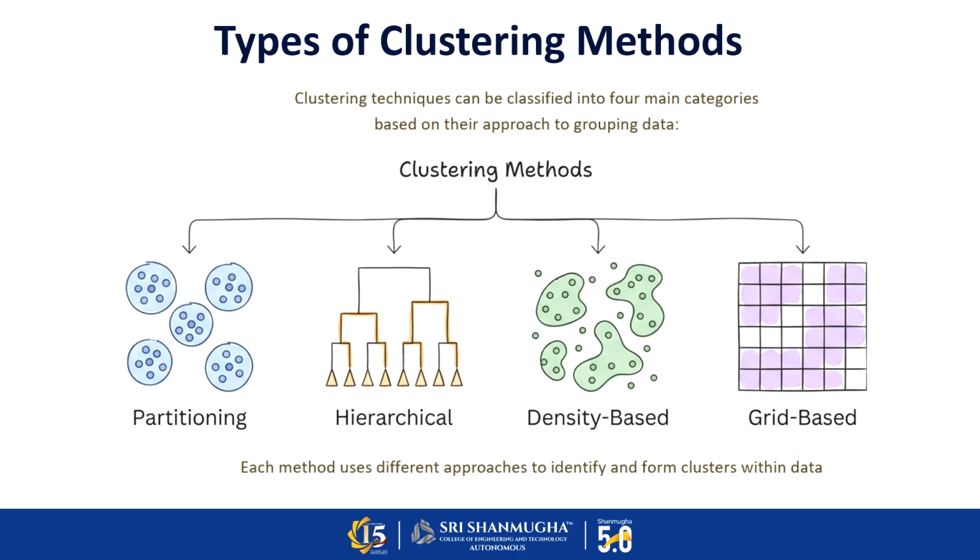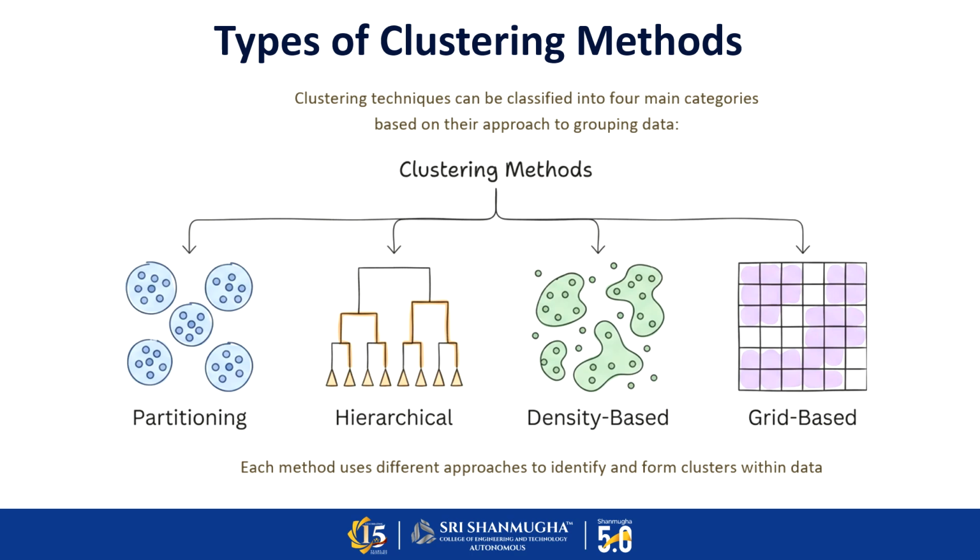See, clusters are defined as dense regions of data points, separated by regions of lower density. So it can find clusters of any shape, not just spherical, and automatically identifies and ignores noise. Example, DBScan. That is density based spatial clustering of applications with noise.